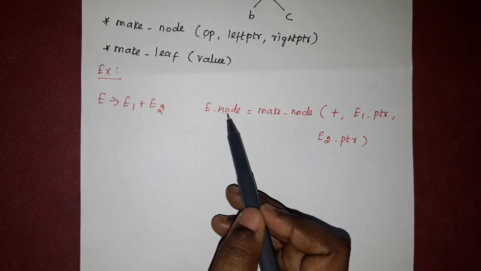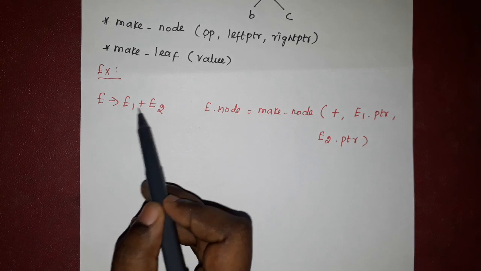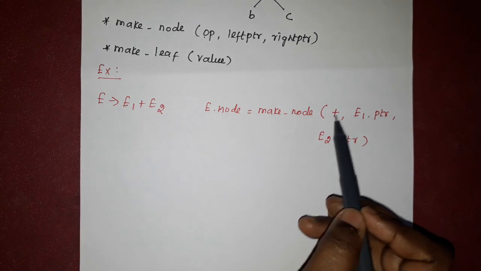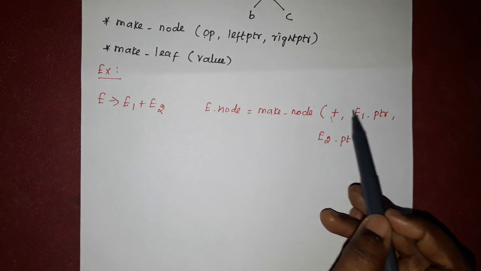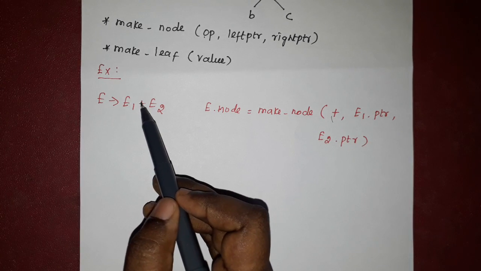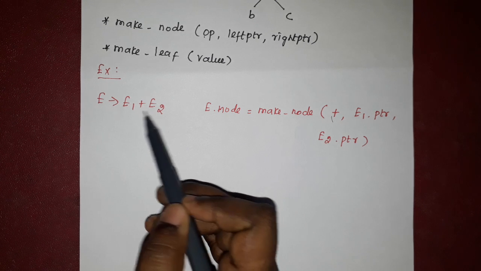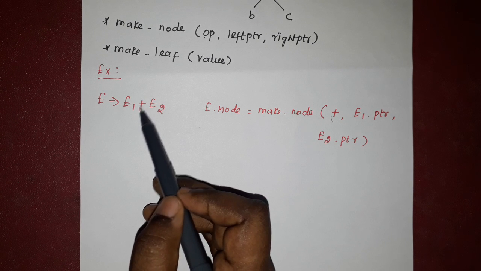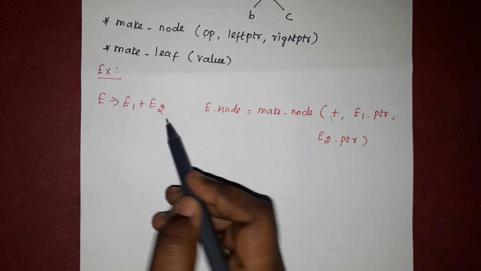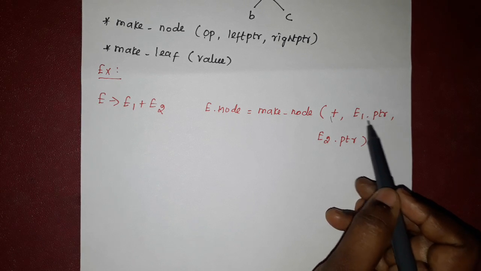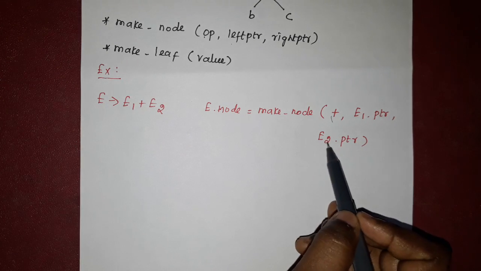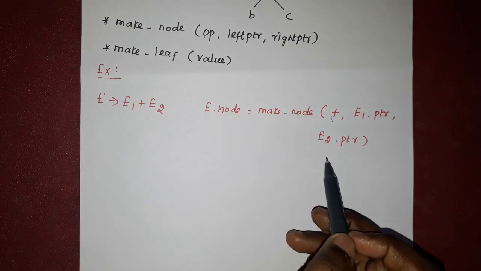This E has one operator, so the first element specifies the plus operator, and this plus operator has a left pointer and a right pointer. E1 is the left pointer of the plus operator and E2 is the right pointer. So I specify E1 dot pointer, the left pointer, and E2 dot pointer, the right pointer.